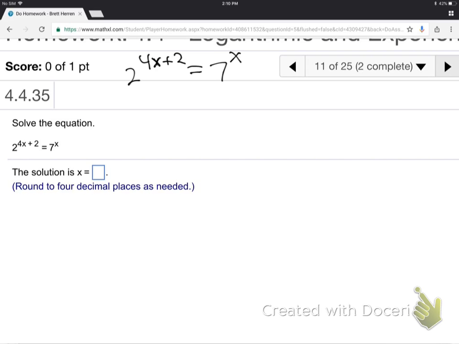Log on both sides, bring the powers down. The whole thing. Powers come down.